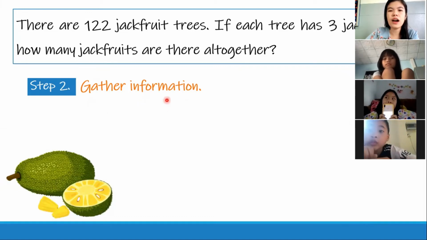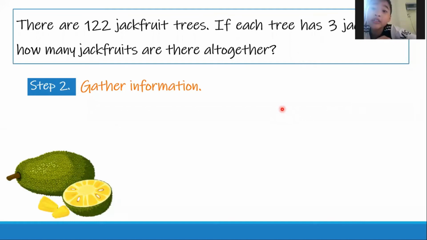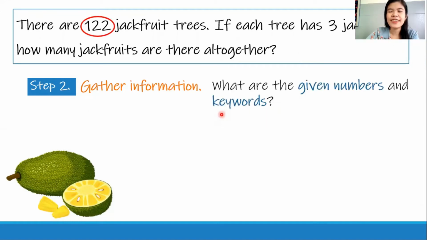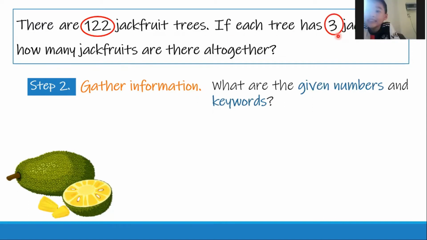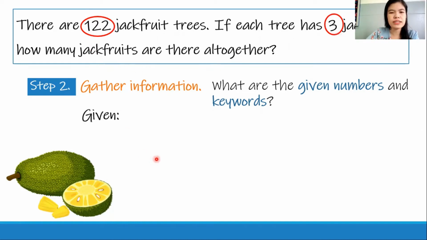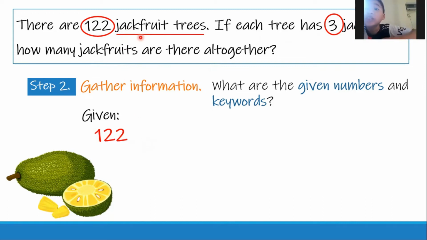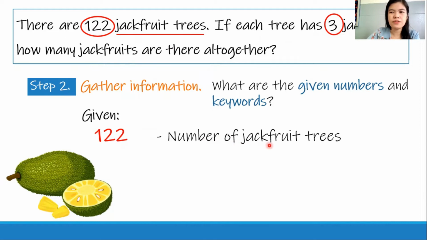Okay, what are the numbers? There are 122 jackfruit trees and 3 jackfruits. Okay, we have two numbers. 122 is the number of jackfruit trees, right?